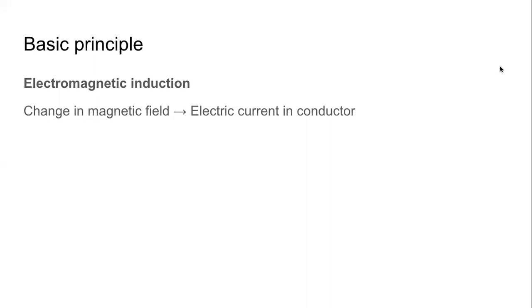We had discussed that instead of saying change in the number of lines of force, we can also say change in the magnetic field. So one part of the definition we had simplified. Another part we had not simplified. We had left it as electric current is produced.